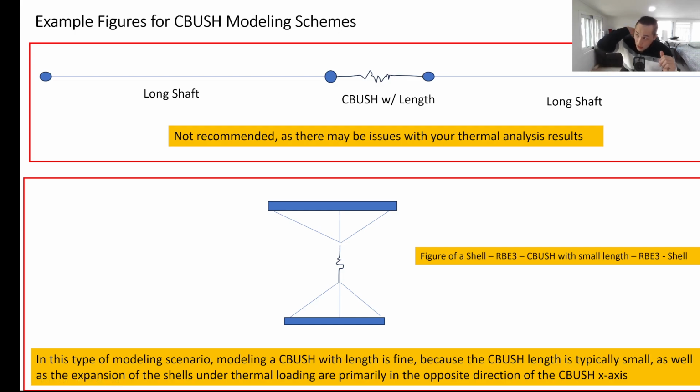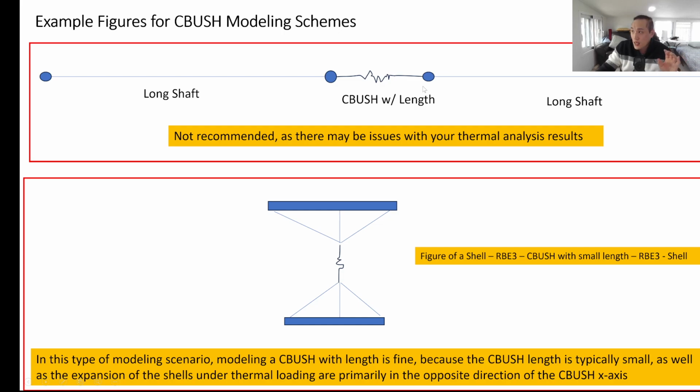So in this slide, I'll go over some examples of CBUSH modeling schemes and what is typically not recommended versus what is okay to model. In this first example, what you see is a long shaft with a CBUSH with some length associated with it and another long shaft. This is not recommended.